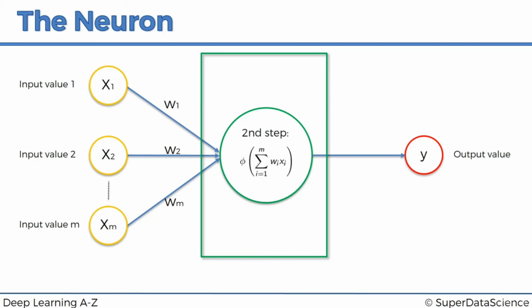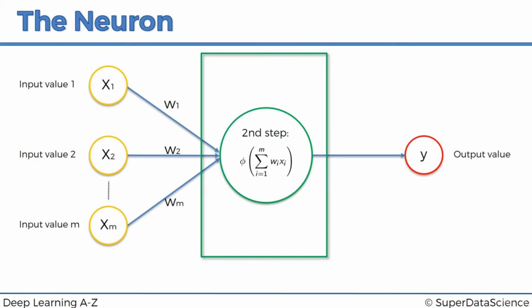And then it applies an activation function. We're going to talk more about activation functions further down, but it's basically a function that is assigned to this neuron or to this whole layer, and it is applied to this weighted sum. And from that, the neuron understands if it needs to pass on a signal.